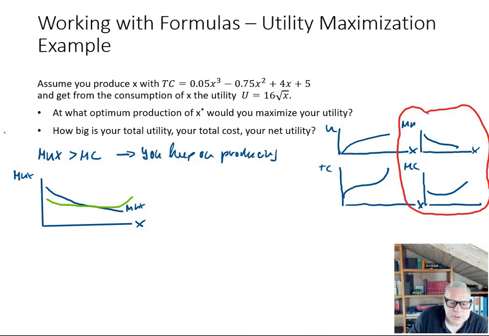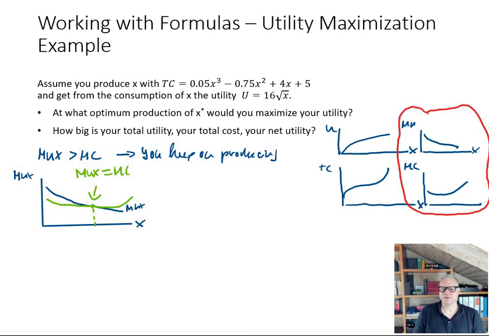So now, as long as the marginal utility, the blue one, is greater than the marginal cost, you start consuming more and more and producing more and more. But where the marginal utility equals the marginal cost, that is where you have the optimum. So whenever the marginal utility of X is equal to the marginal cost, which is this point, you have reached a maximum.